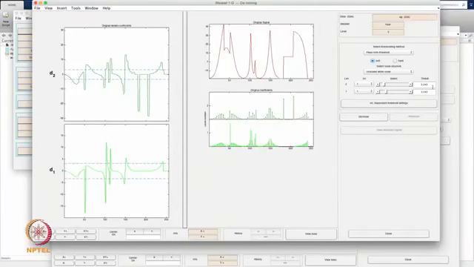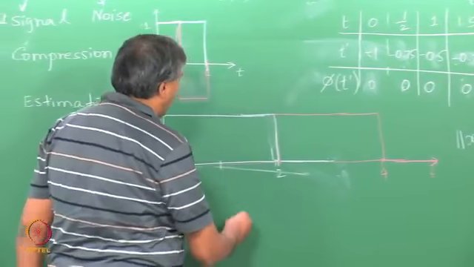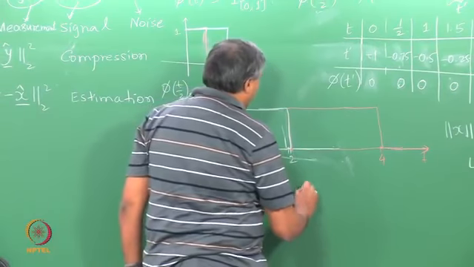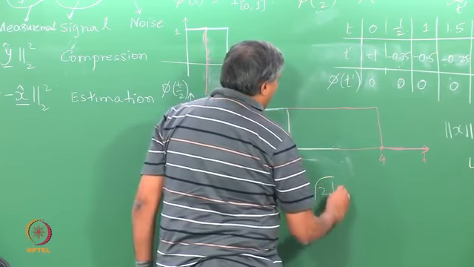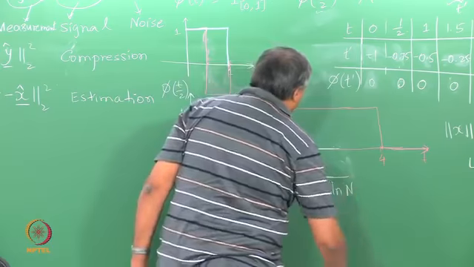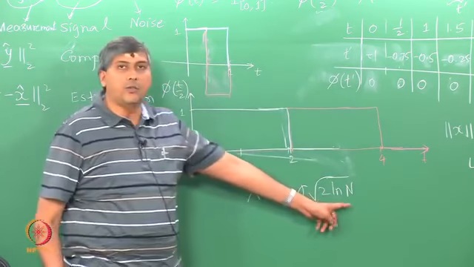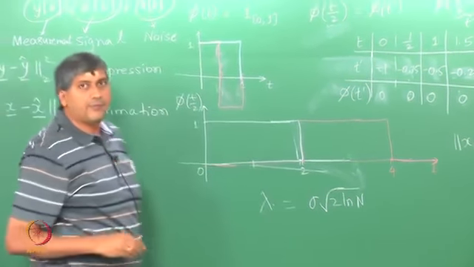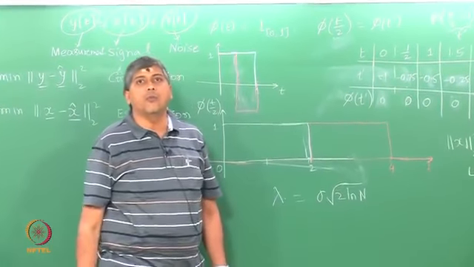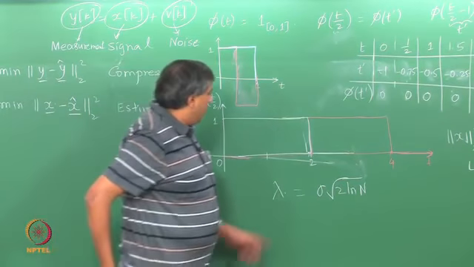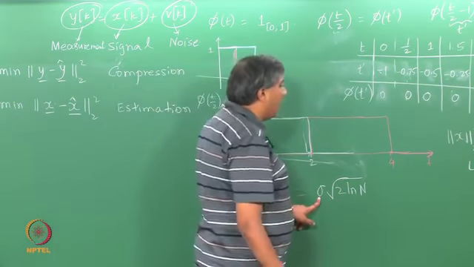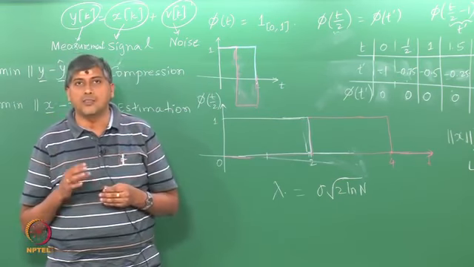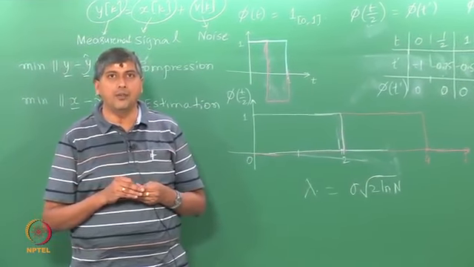There is something called a universal threshold that is given out by Donoho. Thresholds are typically denoted by lambda in wavelet literature, and it is given as sigma times the square root of 2 ln n, where n is the length of the signal, and sigma is the standard deviation of the noise that you have, all right. How do you estimate the sigma? Obviously, I do not know it upfront. This is known as a universal threshold. This sigma is calculated based on the energy of the detail coefficients in the highest frequency band, okay.